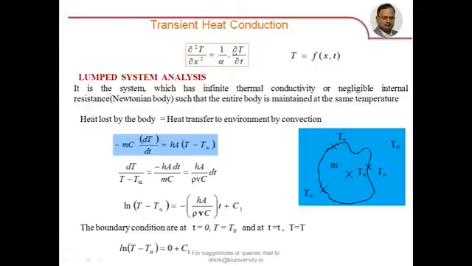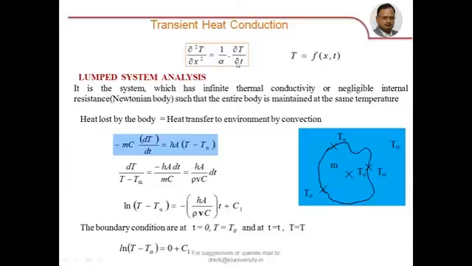Here T is the temperature which varies with respect to x, and small t is the time, which is accountable for the variation of temperature with respect to time. Hence the solution of this equation is temperature as a function of x comma t in one-dimensional heat transfer problems.